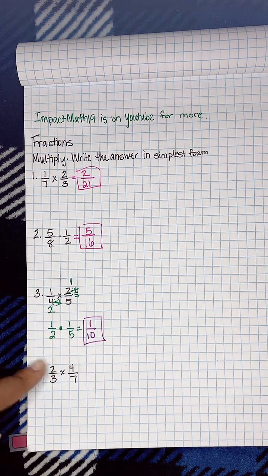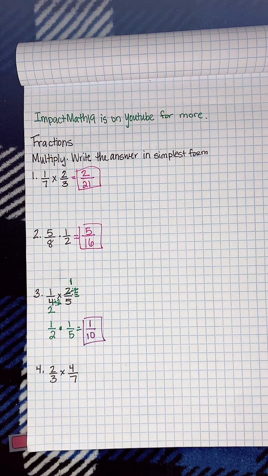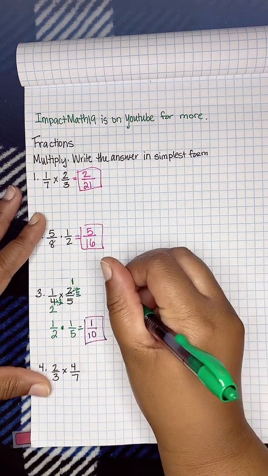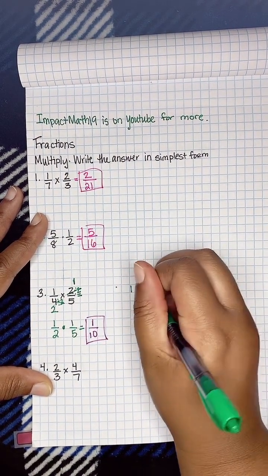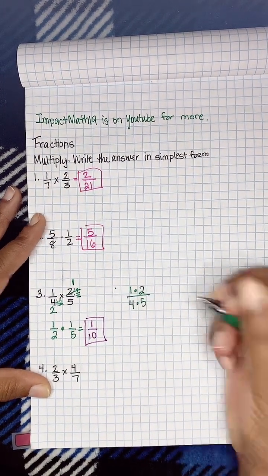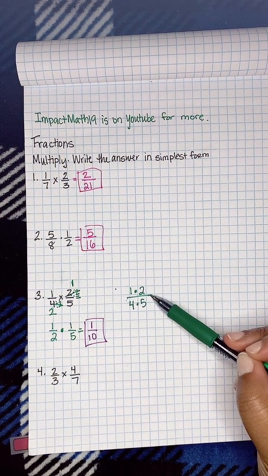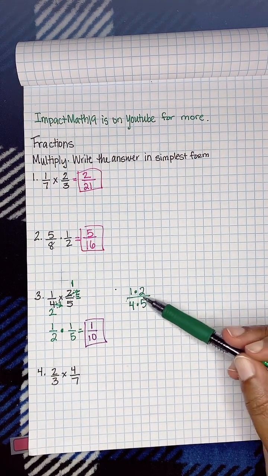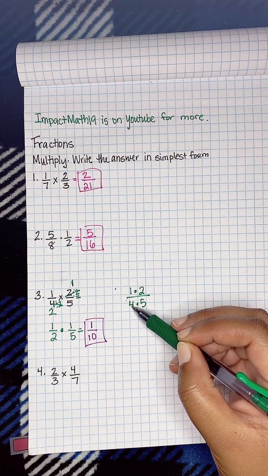So let me break it down a different way. Here we're doing 1 times 2, and then we're doing 4 times 5. Well, really what you're doing, remember this bar means division. So it's really saying 2 divided by 4.